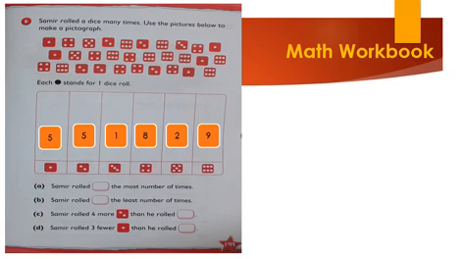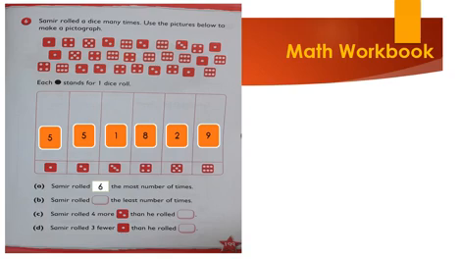Now let's continue. Let's answer the following items. Samir rolled blank the most number of times. Which dice did he roll the most number of times? Okay, 6. So kids, the 6 dot dice was rolled the most number of times because he rolled it 9 times.